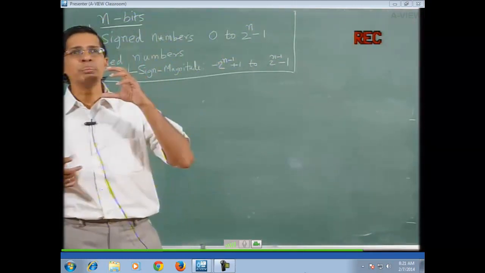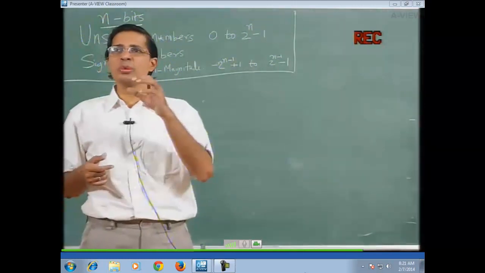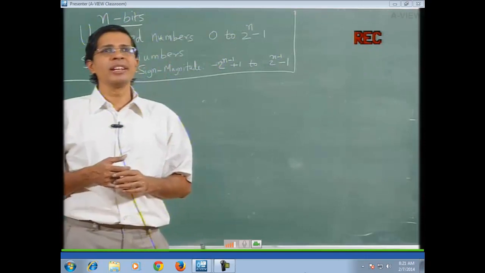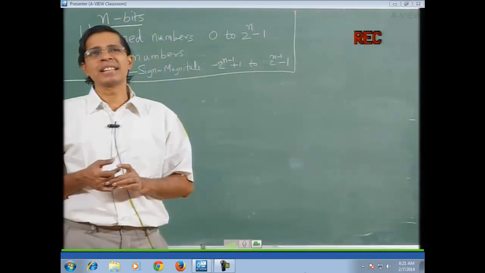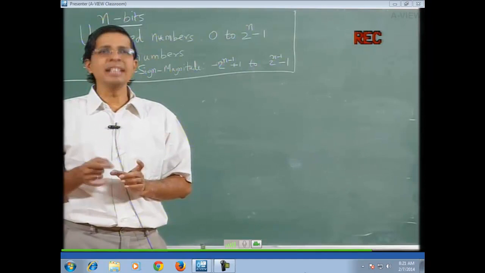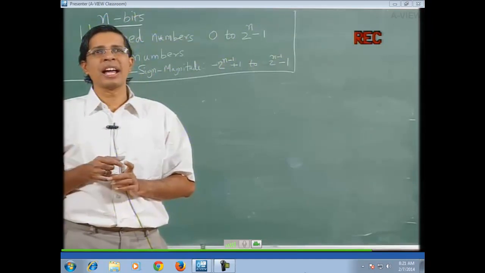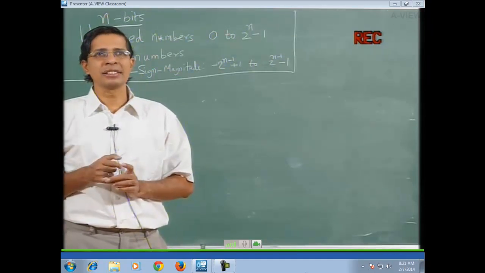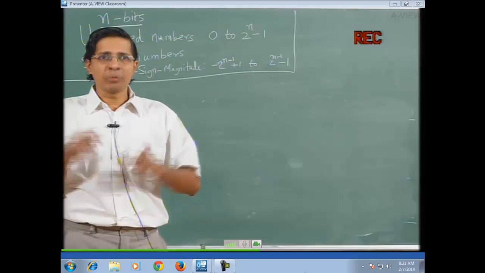So one of the important exercises that we would do in the next 20 minutes is how do we model signed addition/subtraction as unsigned addition. And why are we doing it?